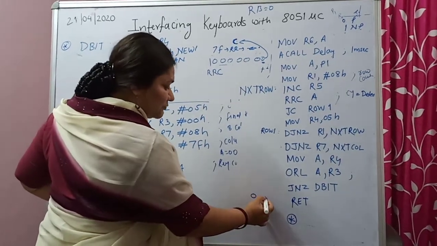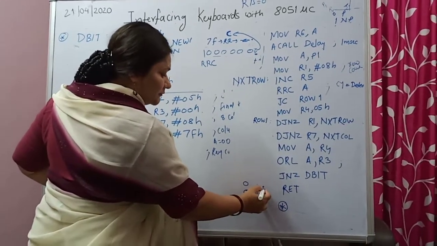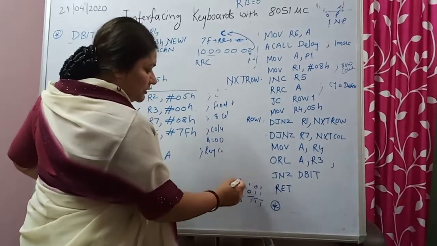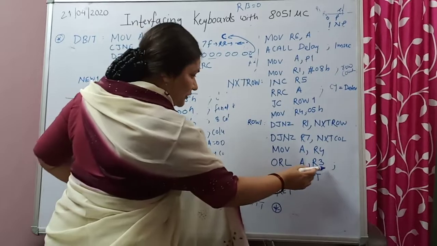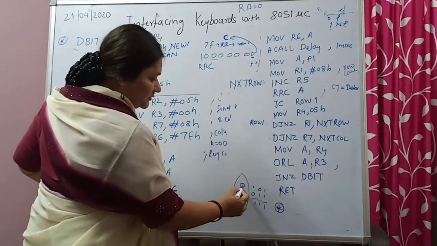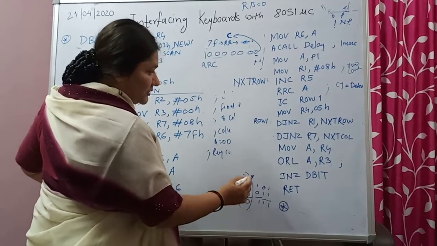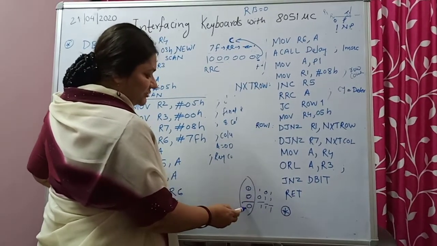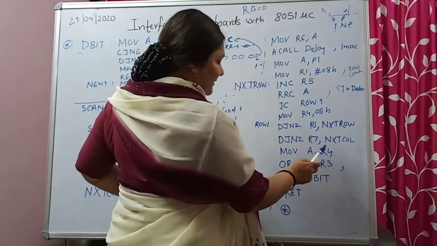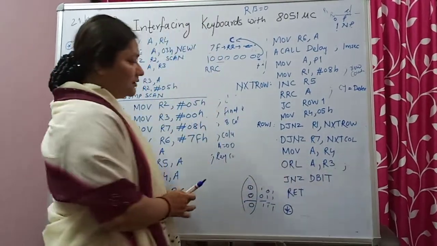If any of the bits is 1, ORing will be 1. So if I am doing ORing, my purpose is to check whether both the bits are 0 or not. The ORing result will be 0 when both the inputs are 0. So R4 status I am taking into the accumulator.